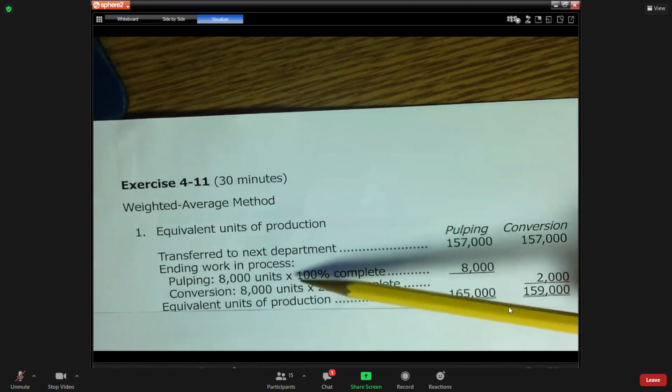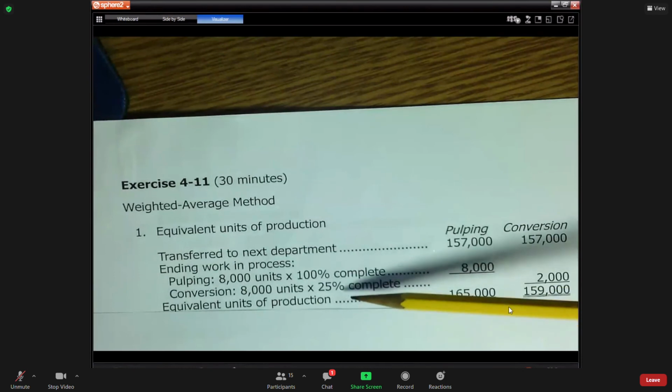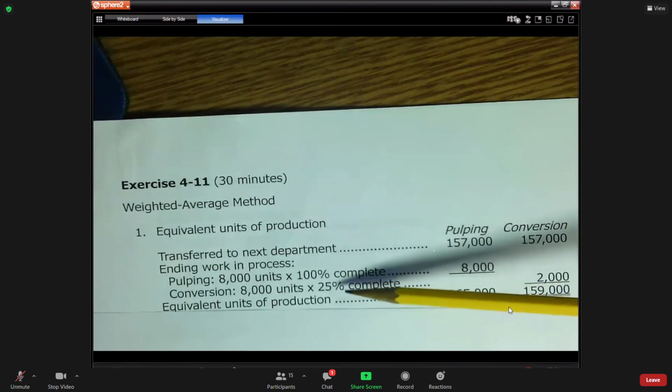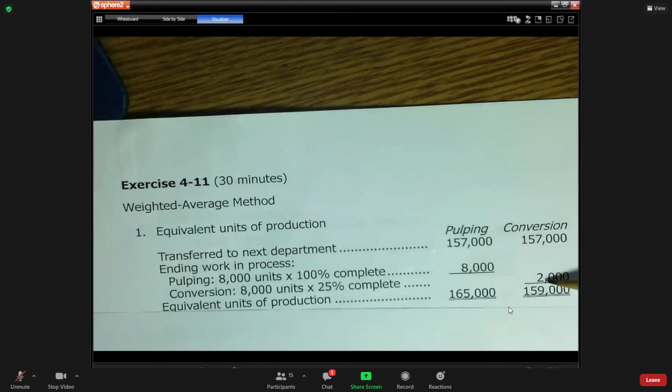Of that, 8,000 units had 100% of the pulping, which is the direct materials. But the conversion cost only had 25%. You got to multiply 25% times 8,000. So you got 2,000 equivalent units for ending work in process and 157,000 transferred out. So the equivalent units for conversion costs is 159,000, but for pulping or the direct materials, it's 165,000.